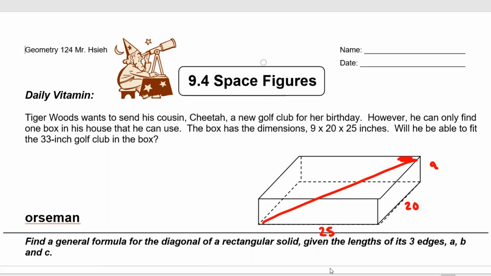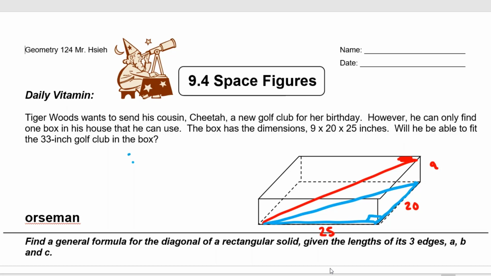So the first thing you're going to do in this particular case is find the diagonal that is along the bottom of this box. So it's this two-dimensional diagonal right there. And what you're going to do is use the Pythagorean theorem.